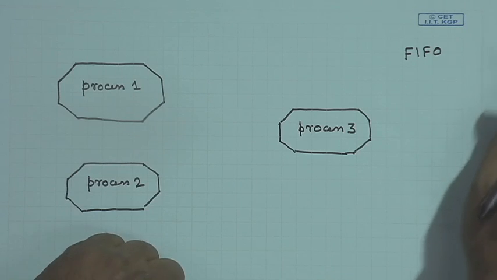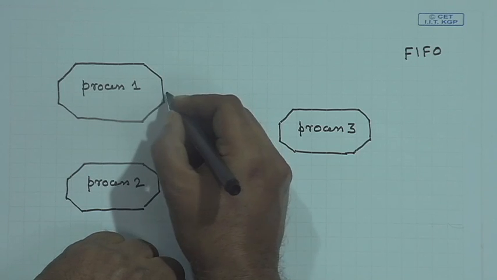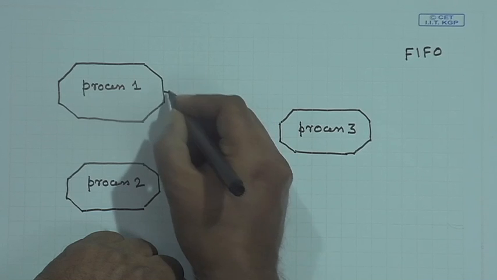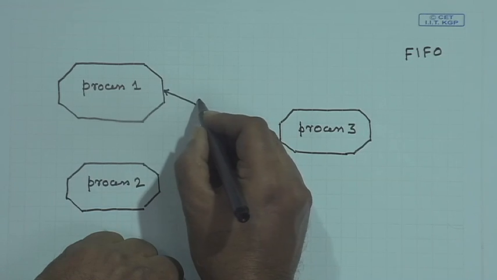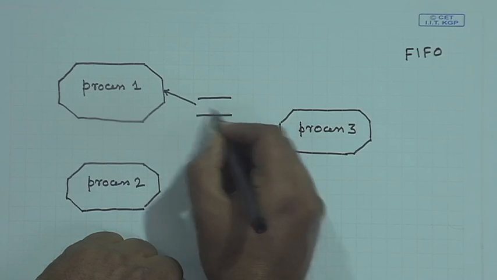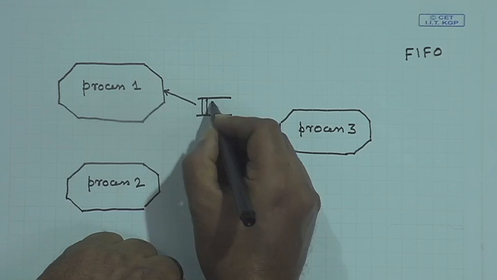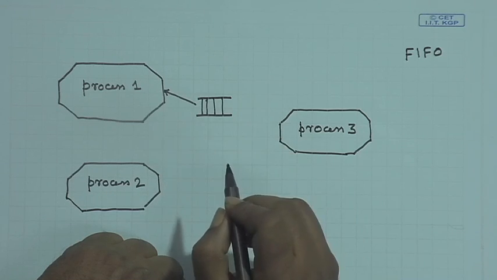So, for each process there is an input FIFO, right.